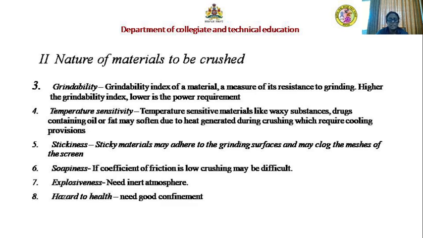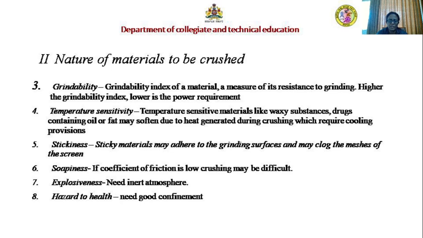Some materials are explosive in nature when they are reduced in size, due to heat generated and so on. They might cause some harmful effects. So explosive material should be reduced to smaller sizes in an atmosphere which is maintained inert. That is, there should not be anything which might trigger the explosion of the material.